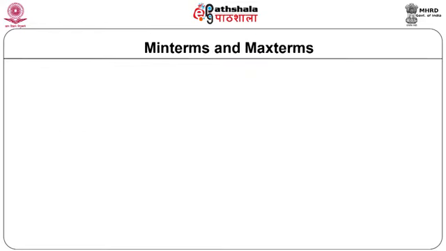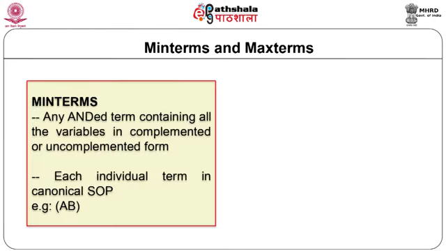Let us now talk about min terms and max terms. A min term is any ANDed term containing all the variables of the function in complemented or uncomplemented form. A min term represents exactly one combination in the truth table.